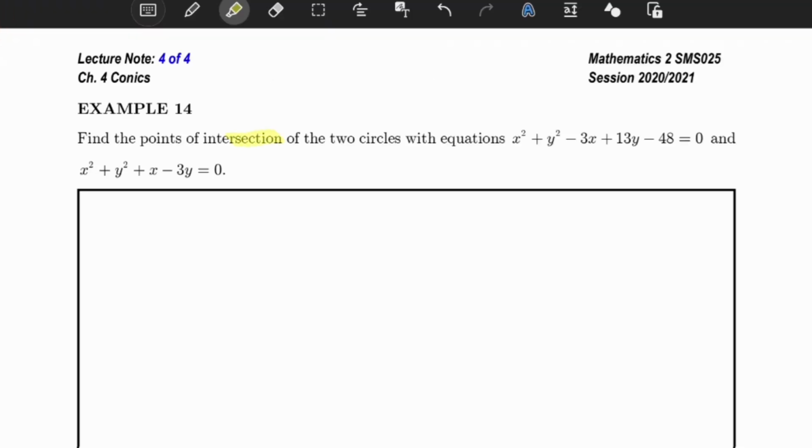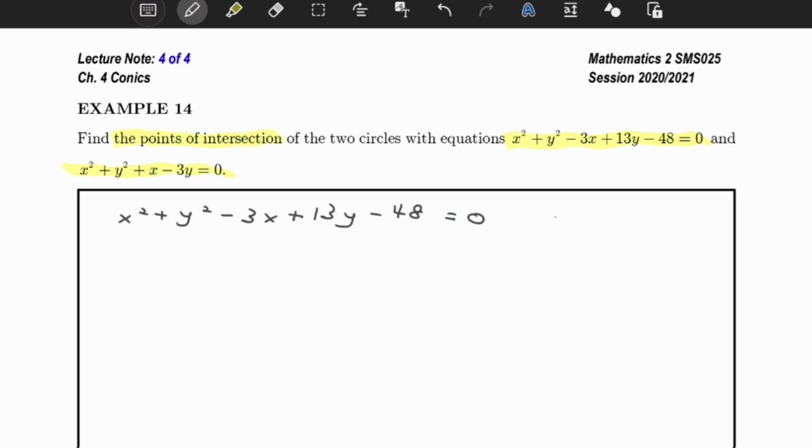Find the point of intersection of two circles with the equations x squared plus y squared minus 3x plus 13y minus 48 equal to 0 and x squared plus y squared plus x minus 3y equal to 0. We need to solve simultaneous equations, but before that, let's copy the first equation: x squared plus y squared minus 3x plus 13y minus 48 equal to 0.